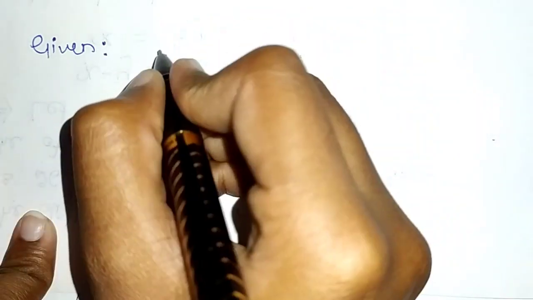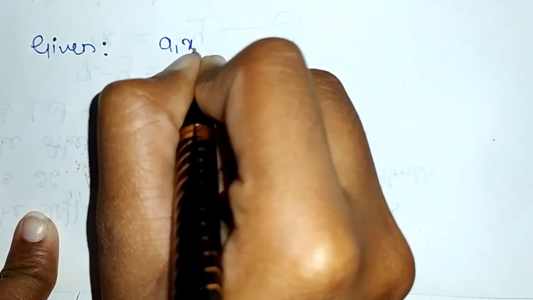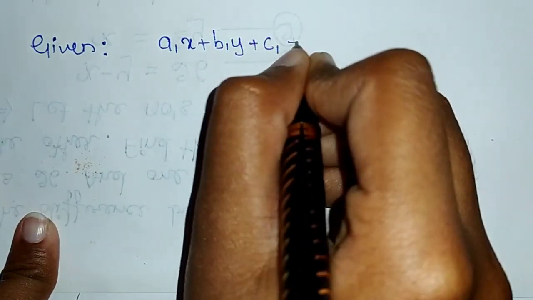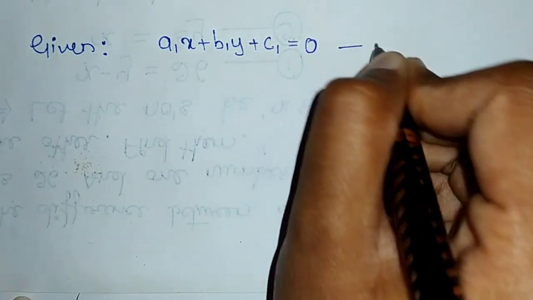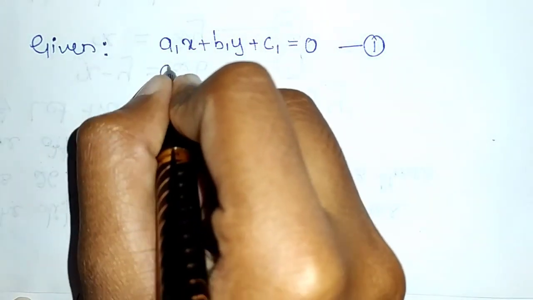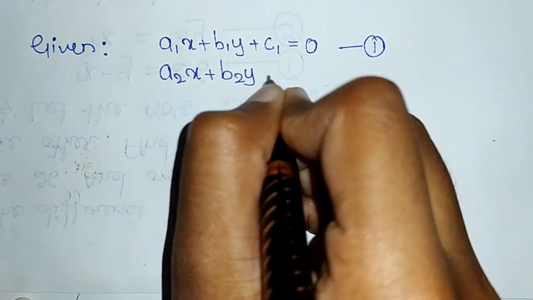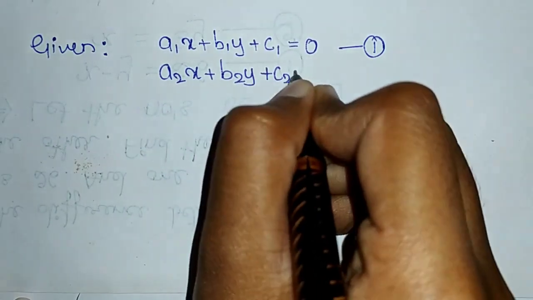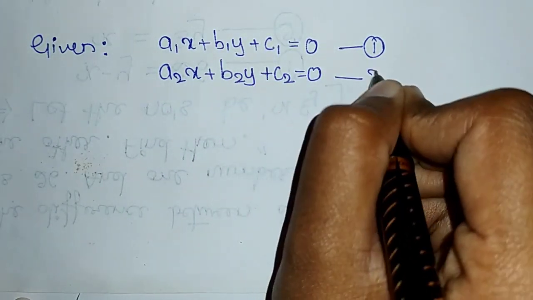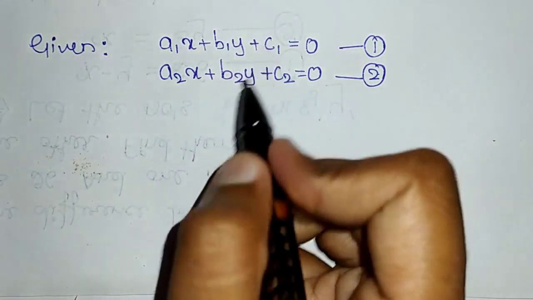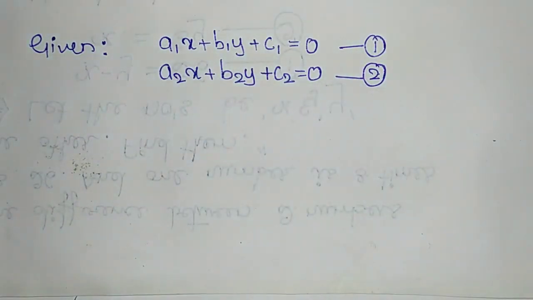So given two equations, a1x plus b1y plus c1 is equal to 0, this is our first equation, and a2x plus b2y plus c2 is equal to 0, this is our second equation. Looking at the coefficients, we can determine which kind of plot this pair of equations will have.